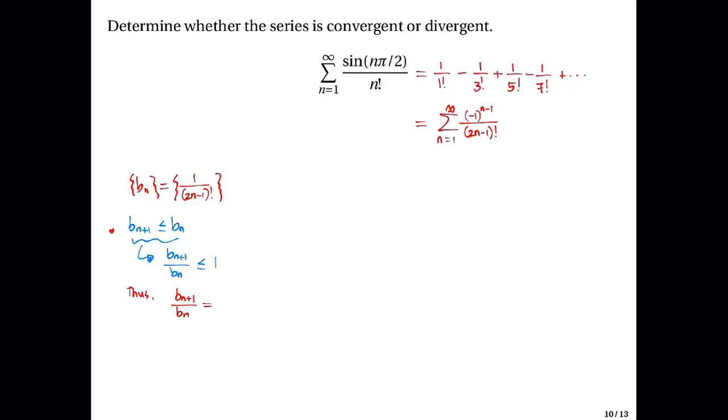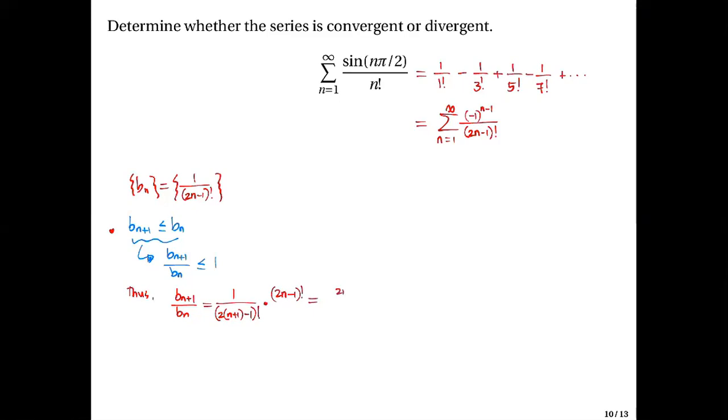So meron tayong 1 over 2 times n plus 1 minus 1 factorial times yung reciprocal ni Bn, it's just your 2n minus 1 factorial. Okay? Then let's just simplify this.